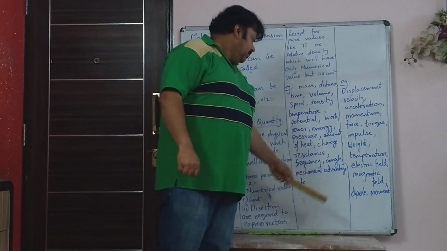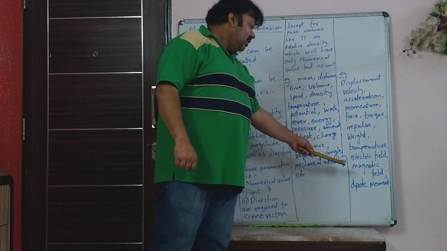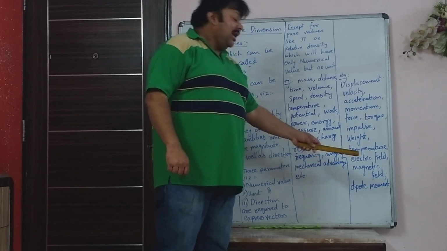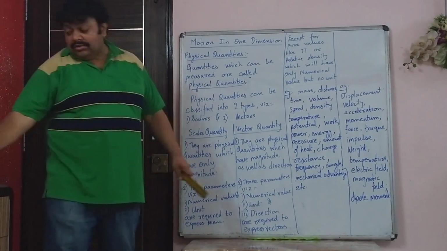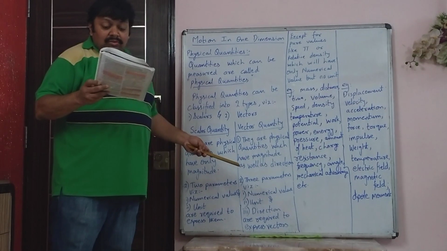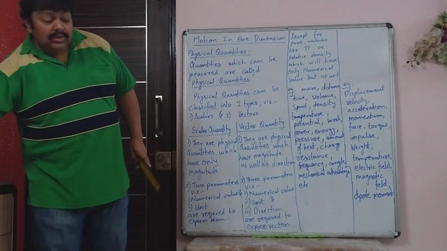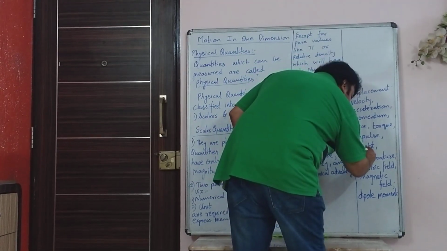So then you have temperature, then electric field, magnetic field, and dipole moment. These are all vector quantities. So these quantities you have to learn clearly. See, it's basically not temperature, but it is gradient of temperature.